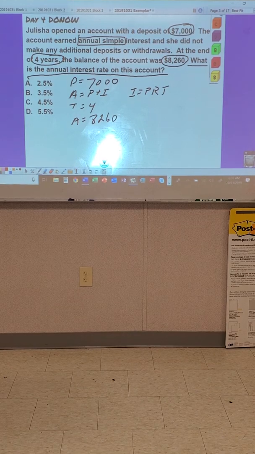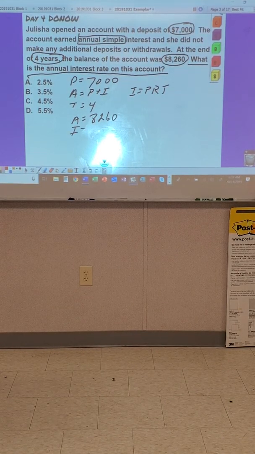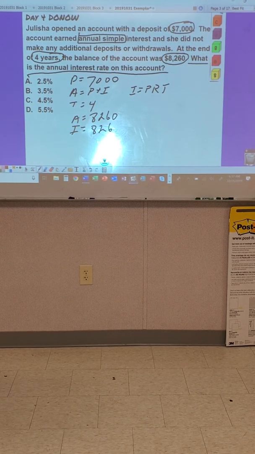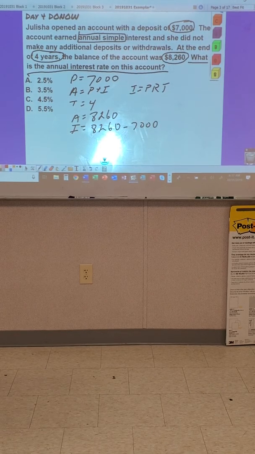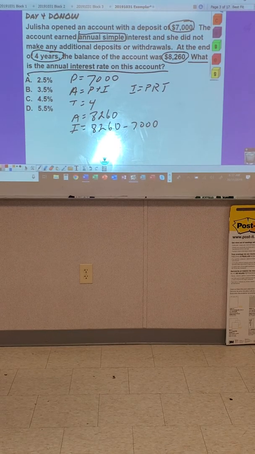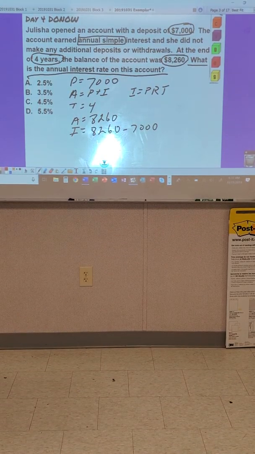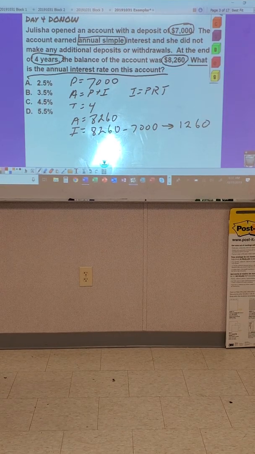So let's figure out what the interest was worth. That would be $8,260 minus $7,000, because this is the total value minus the principal. That gives us $1,260.